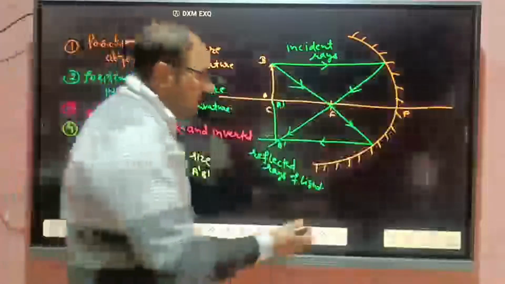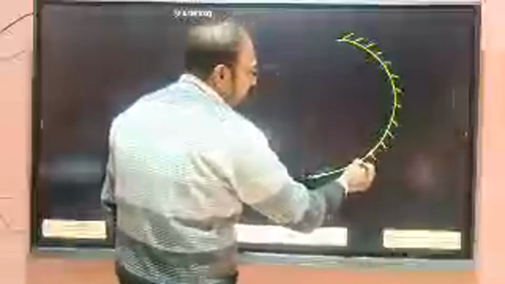Next, we put the object between C and F. Here we take a concave mirror. This is the concave mirror, and this is the pole, and this is the principal axis, which contains the center of curvature.